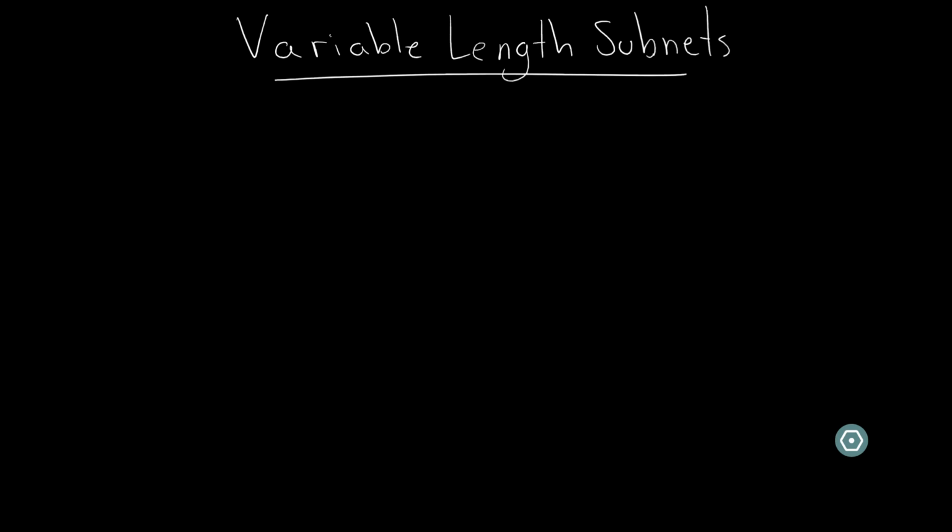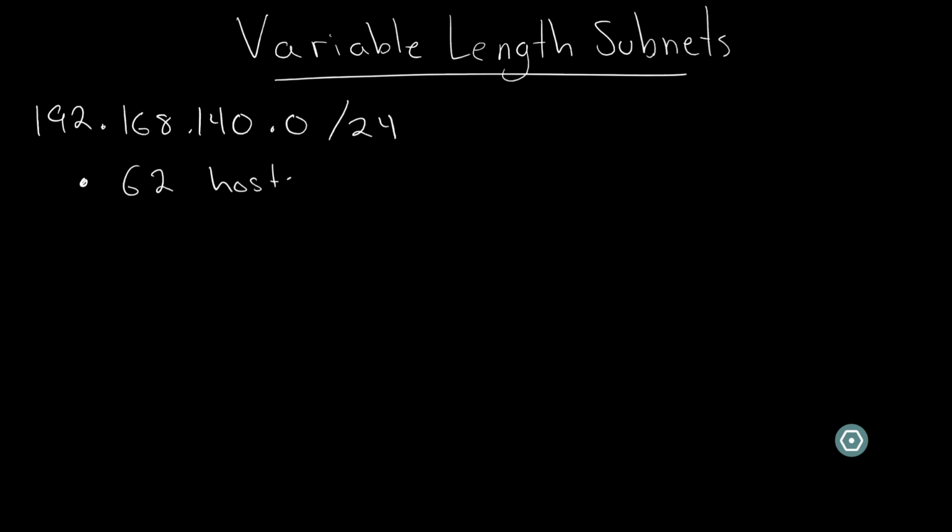So we're going to stick with our regular address space of 192.168.140.0 in a /24 network, and we are going to break up this network space. Now we're going to assume that we have to create a network in which we have 62 hosts in our office.